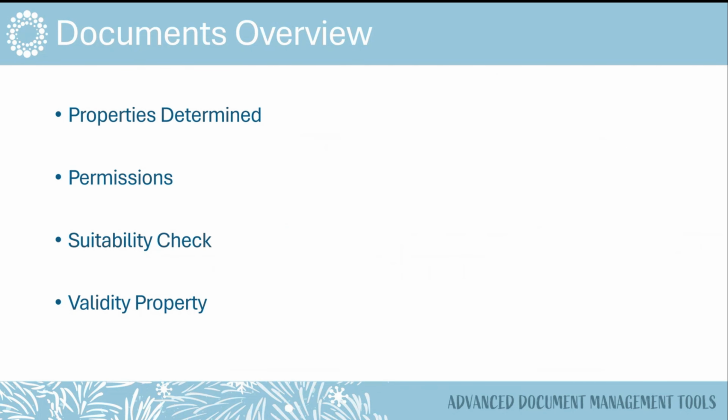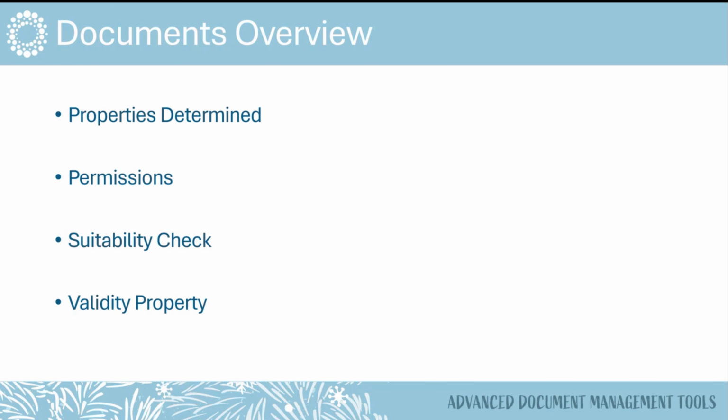So suitability check is optional and not all our customers have or use suitability, but it is possible to require that a suitability check is passed before the document can be generated. So this option is in view a document supply condition, and does the document require a suitability check? So if it equals yes, then the document will not be produced and the check fails.